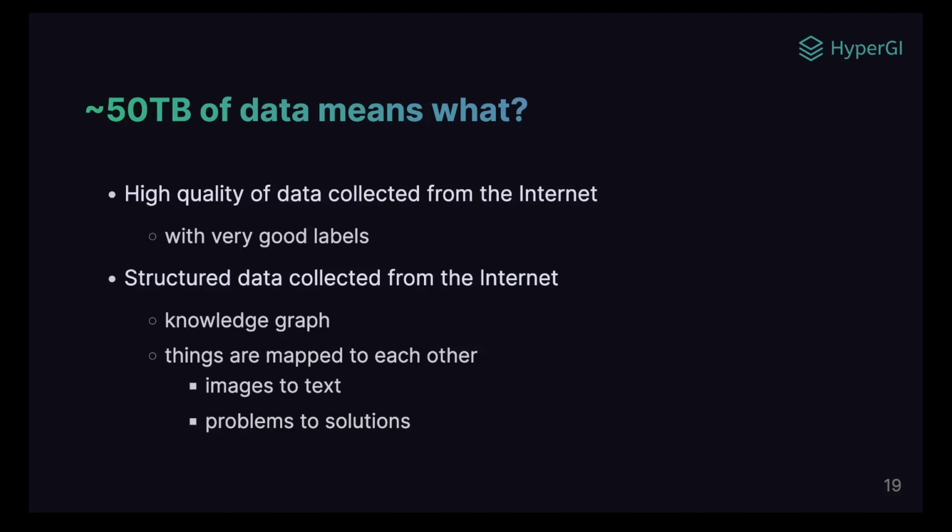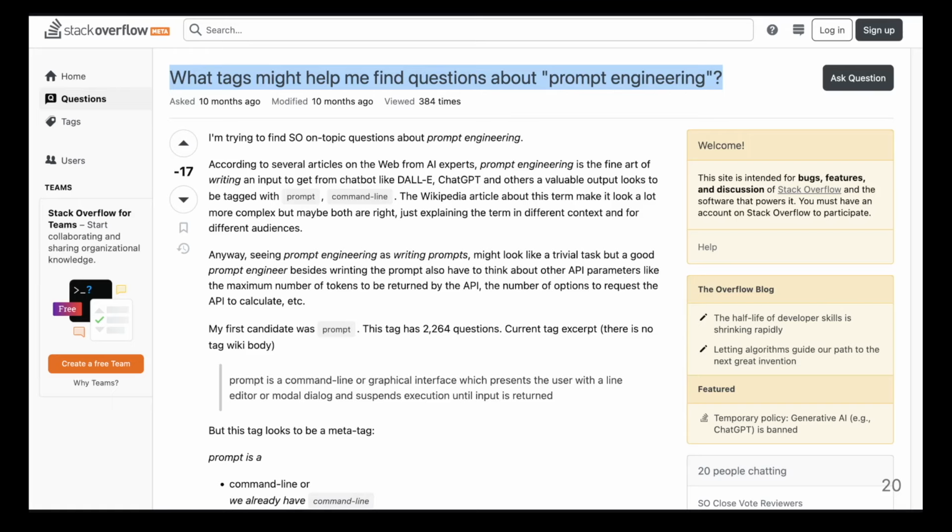So the data they use to train the model is not just random data. It is structured in a way that could be used to build up a so-called knowledge graph. Whether it's labeling or images, they are mapped to each other in a way that is easy for the model to learn. Let's take this example.